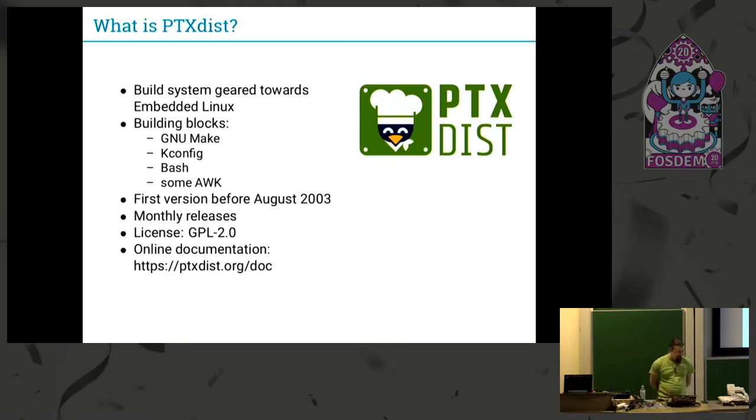The first versions of PTXdist go back to at least 2003. That's the earliest version I could find. There are probably some older versions, but I couldn't find those. So it's older than Buildroot, which started in 2010, and Yocto is 2001?